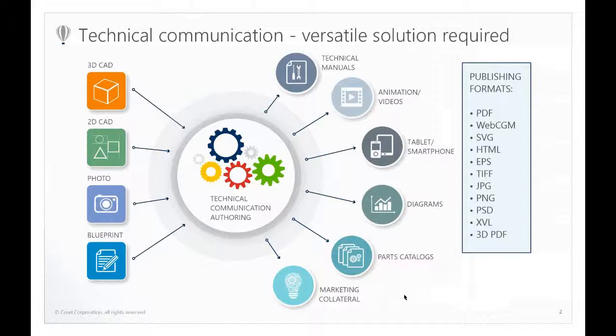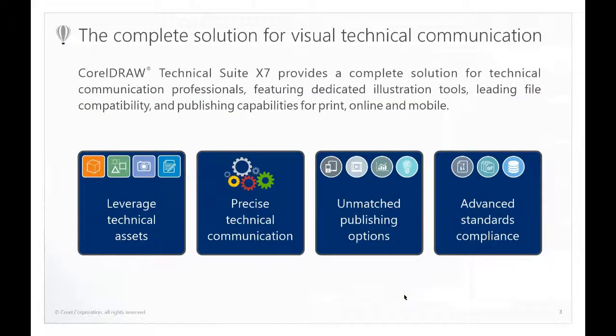So this workflow or these different aspects we try to cover with CorelDRAW Technical Suite, and with the new version X7 we base that on 4 key themes that all the developments, all the enhancements and new features are focused on. It starts with leveraging the technical assets, so all the different source data that you have.